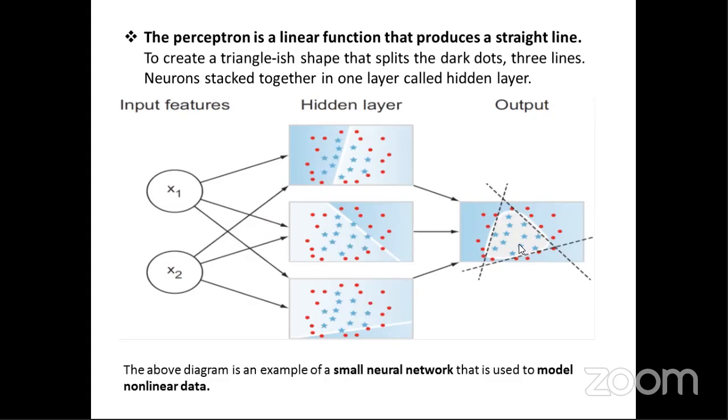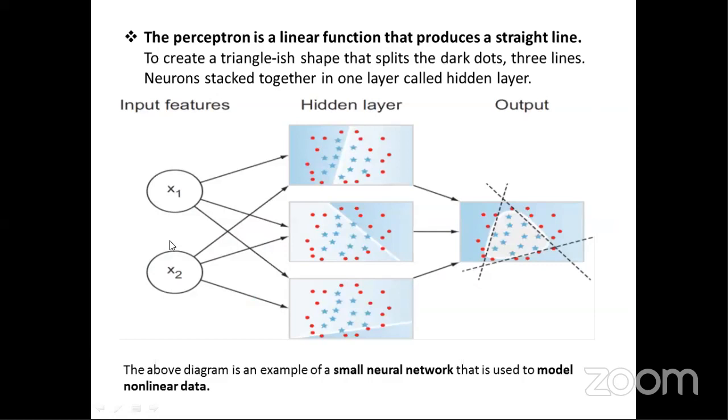In this case, these lines will be in the shape of a triangle. So you will have a hidden layer with neuron 1, neuron 2 and neuron 3, and you have two inputs. Why two inputs?